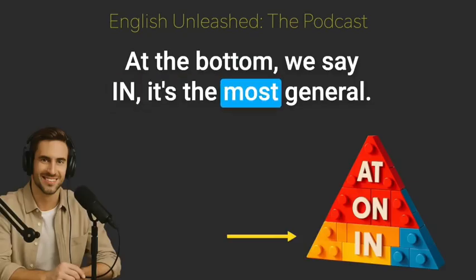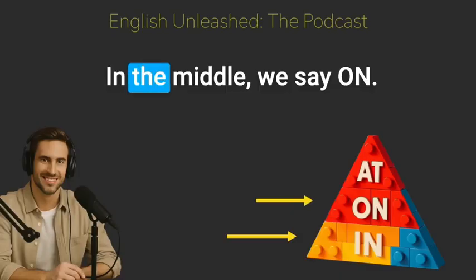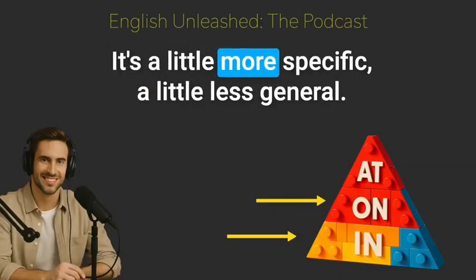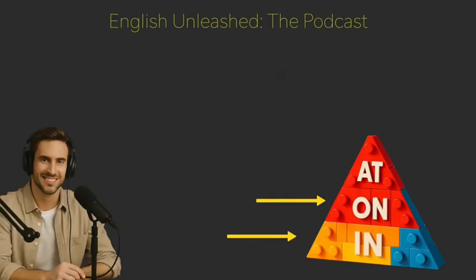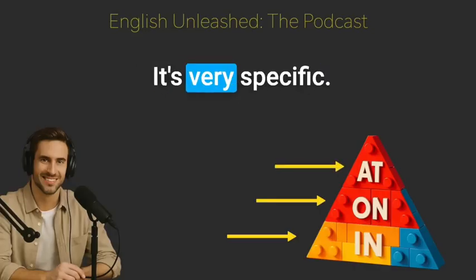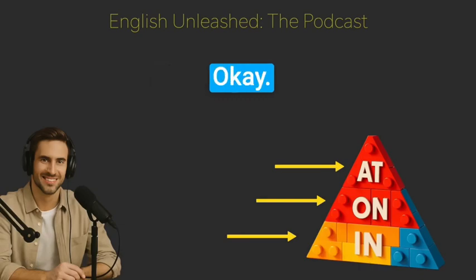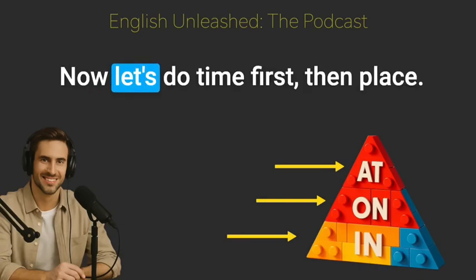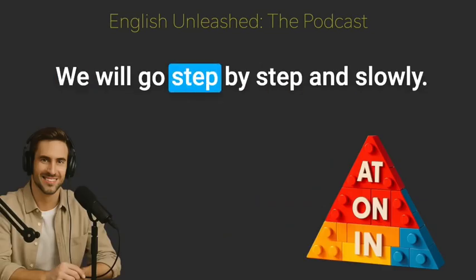It's the most general. In the middle, we say on. It's a little more specific, a little less general. At the top, we say at. It's very specific. Okay? Now, let's do time first, then place. We will go step by step and slowly.